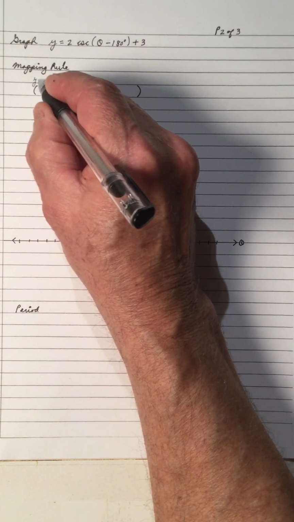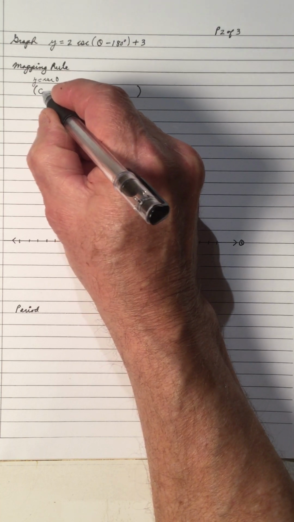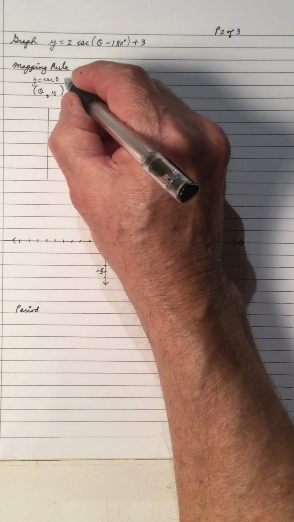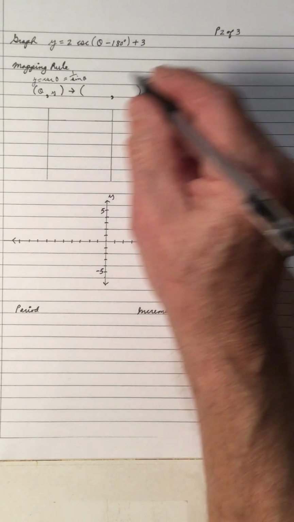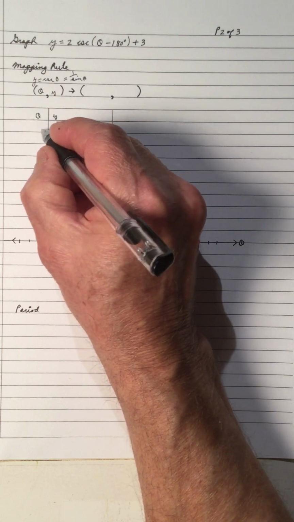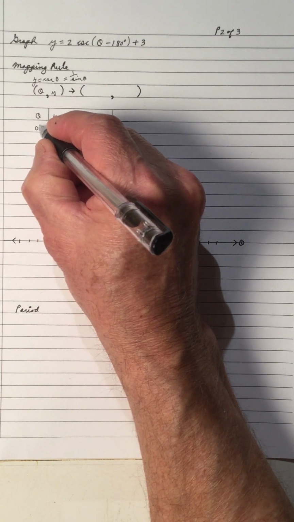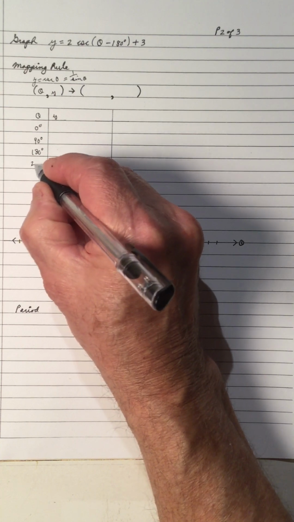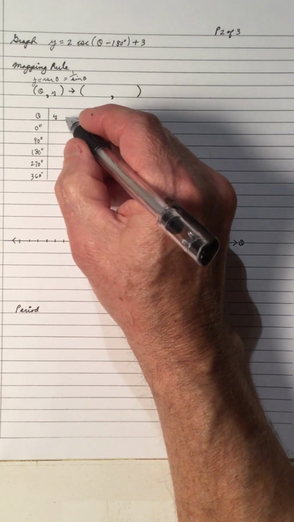So this is y equals cosecant theta, and this is theta, and this is the y value. Cosecant is 1 over sine theta. So if you memorize it, theta and y: 0 degrees, 90 degrees, 180 degrees, 270 degrees, 360 degrees, that we practiced in the last video.